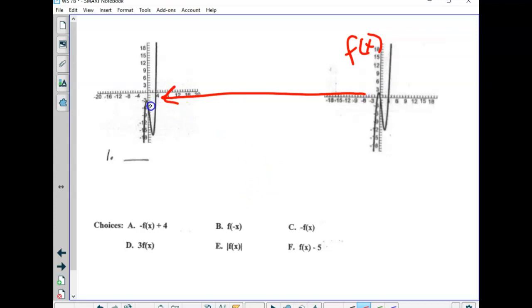It went down, right? Shifted down. Can you see that it went down? Which one of these would shift something down? Yes. F of x minus 5 would shift it down 5.